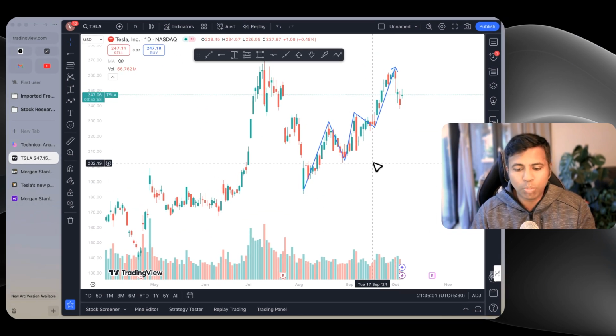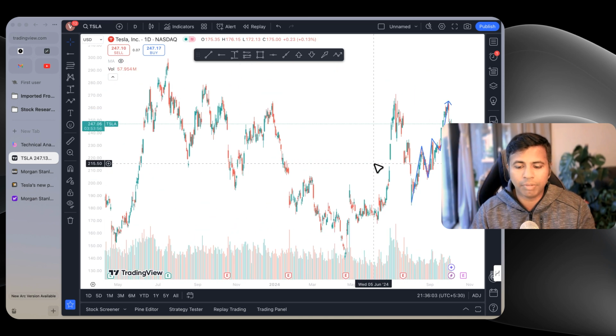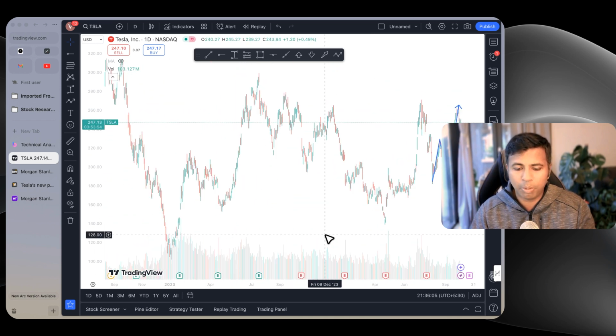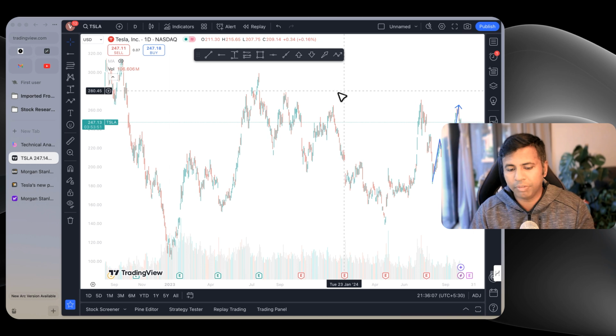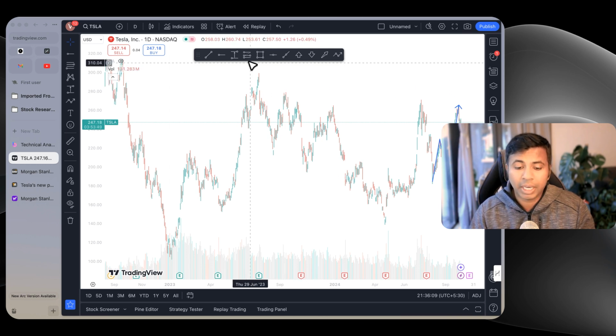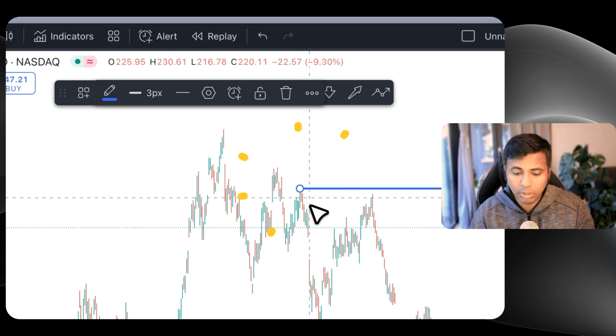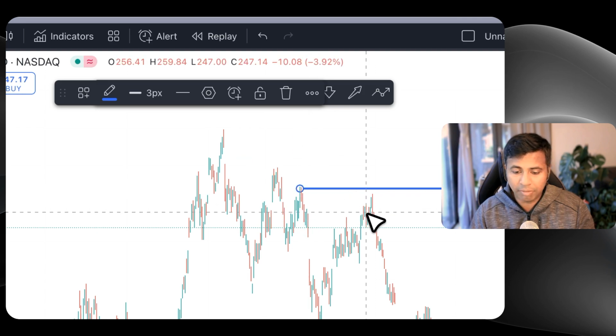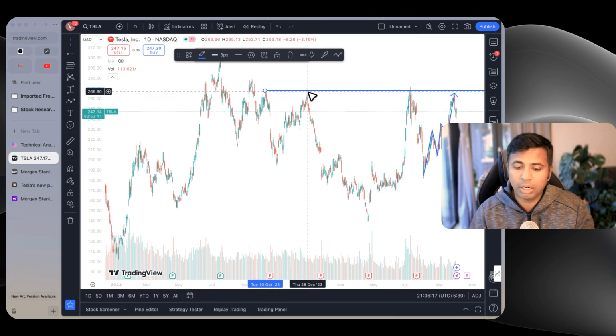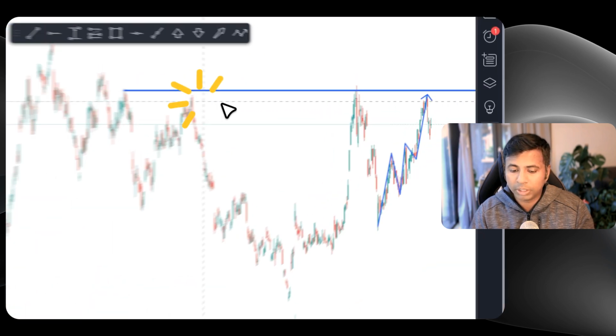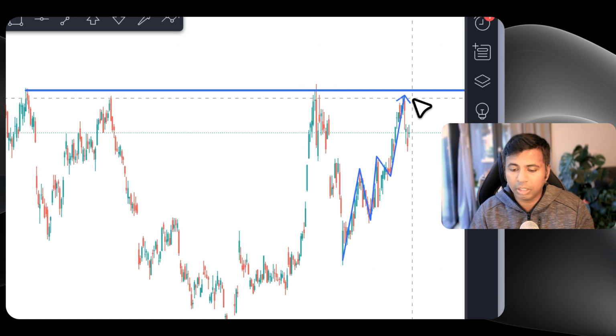But when we zoom out a little bit and look at it over a couple of years, or at least a 1 year time frame, we can see that the stock has a major resistance around the 260 to 270 levels, which it has tried to break out from at least three times, once here, twice, and thrice here.